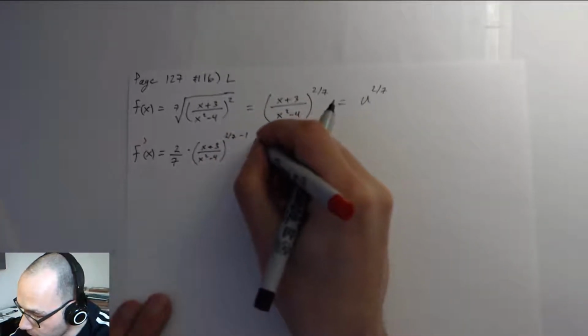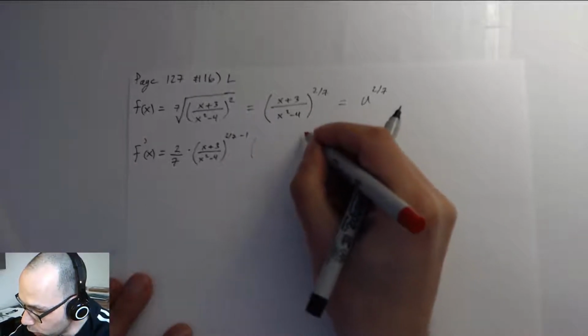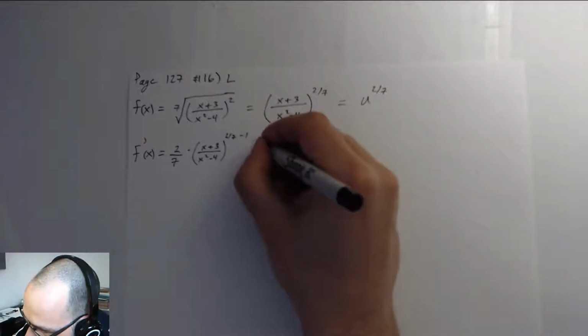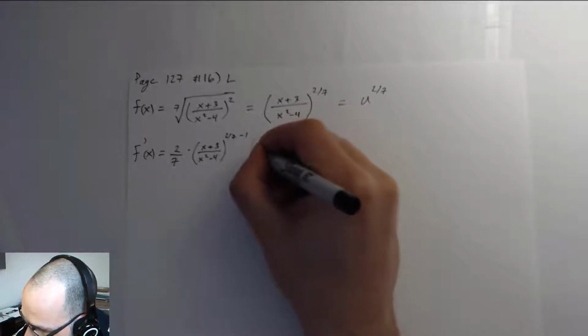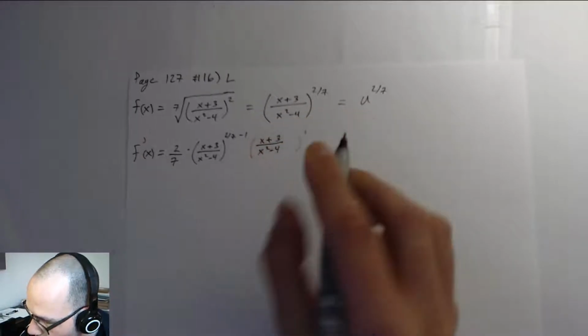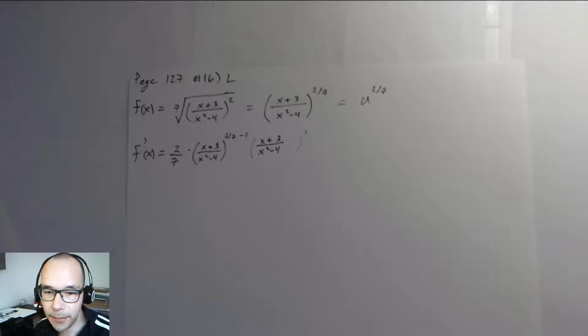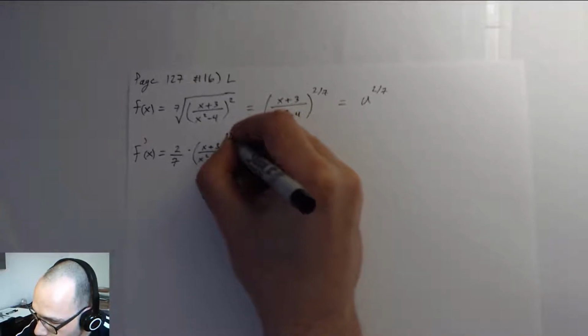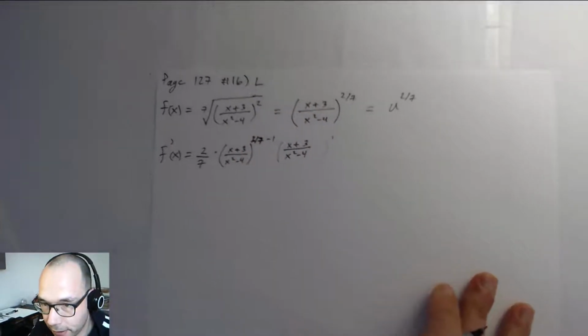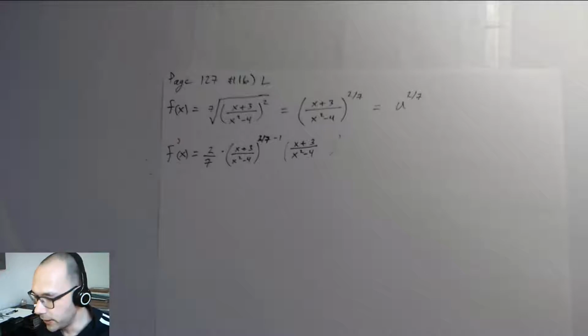All of that multiplied by the u prime. So it's going to be multiplied by (x plus 3 over x squared minus 4), all of that prime. So you got to be careful to multiply by the u prime situation. So that is a 2 over 7 right here. So you got to be careful with that one.